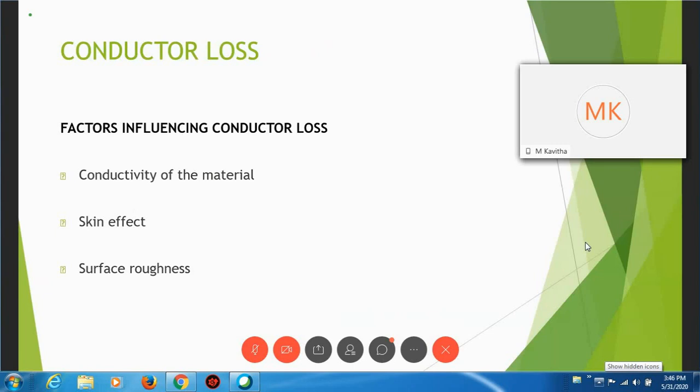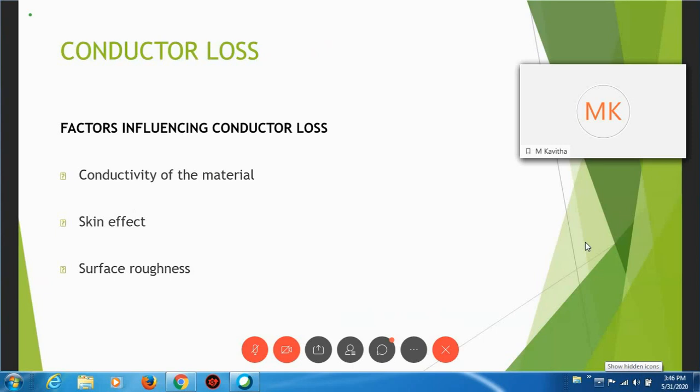Also, this conductor loss is combined with the skin effect. The skin effect is that at higher frequencies, the current flows at the outer surface of the conductor. This also depends on the characteristics of the conductor, and we will have conductor loss.